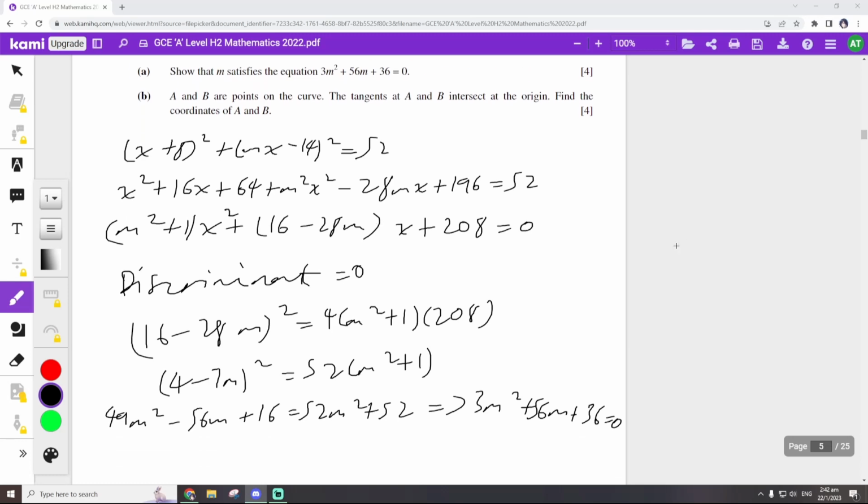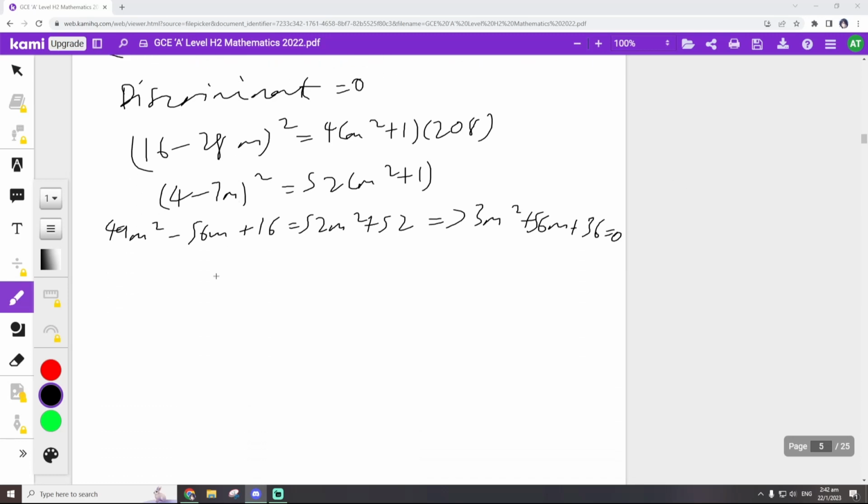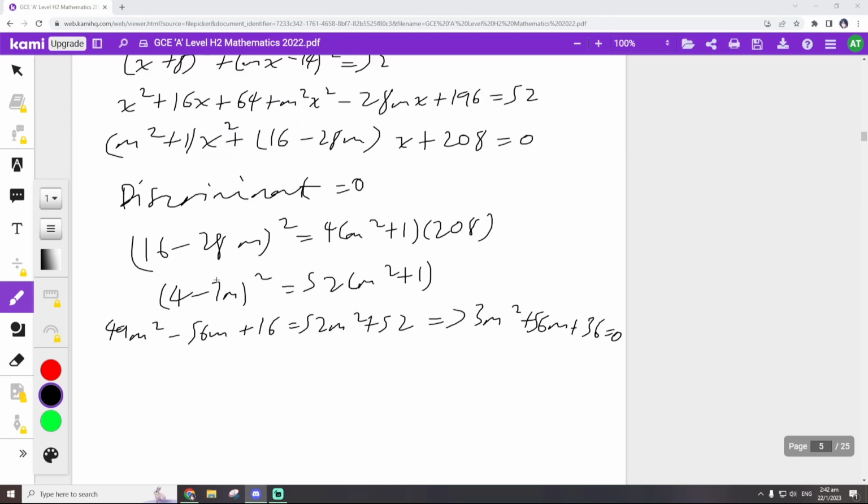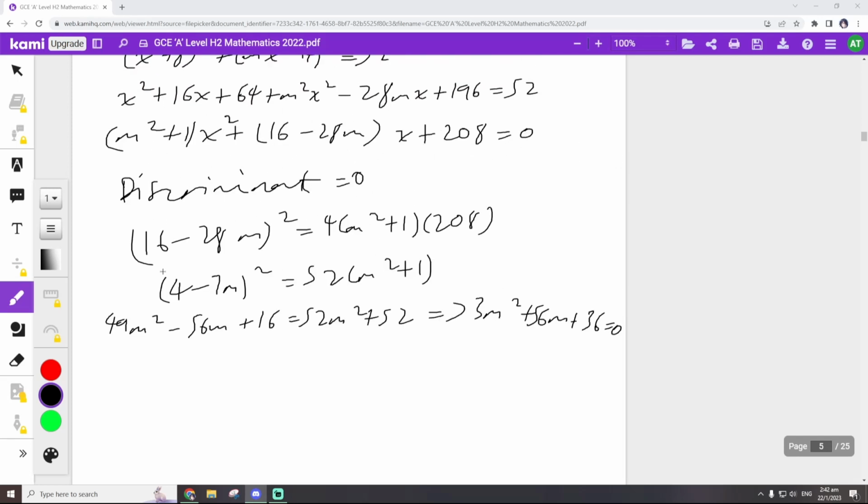Find the coordinates of A and B. Okay, so we have the two values of m that we can find by solving this equation. So if we factor this, how do I factor this? 3m plus something, m plus something.